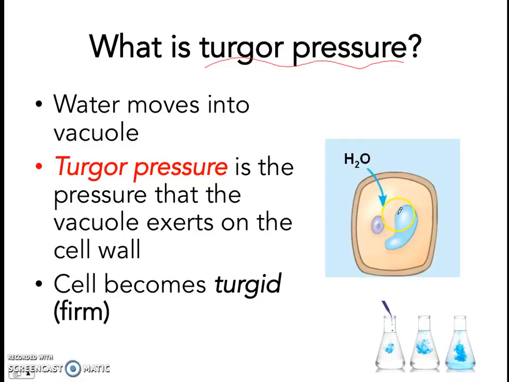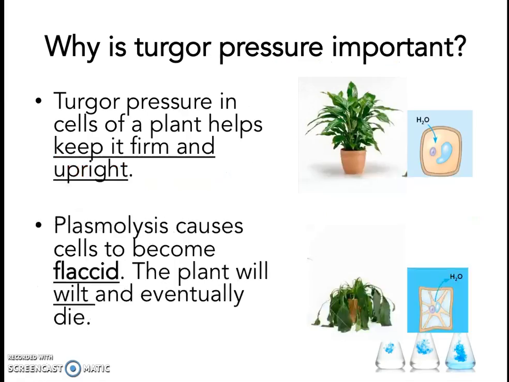More and more pressure builds up inside the vacuole, and that is the turgor pressure. It is the outward pressure that the vacuole exerts on the cell wall, and that keeps the cell very firm. So water moves into the cell, turgor pressure builds up and is exerted on the cell wall, so that the cell becomes firm and turgid.